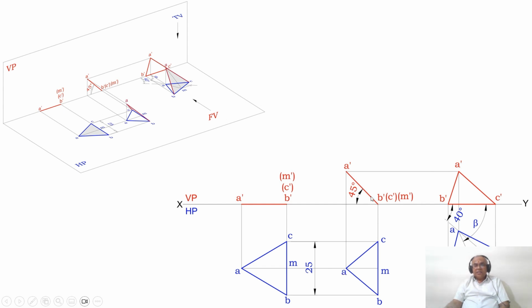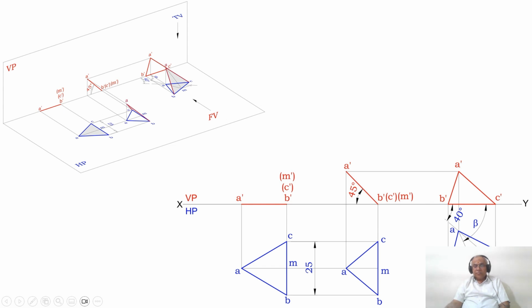As A dash M dash becomes inclined to HP, you get the apparent length. But as AM is parallel to VP, you get the true length here. Using the compass with A as center, taking the radius of AM, cut on the locus line and mark this point as M, and join A to M.